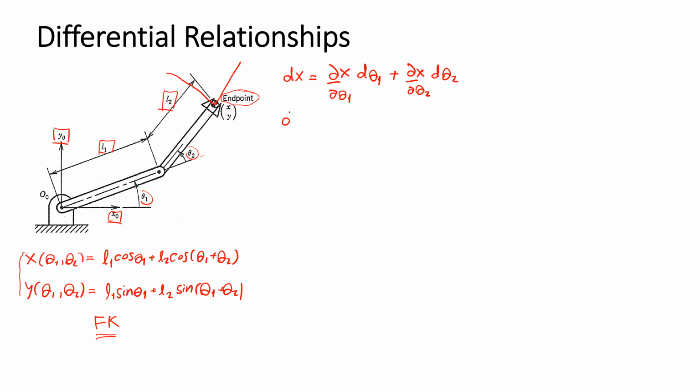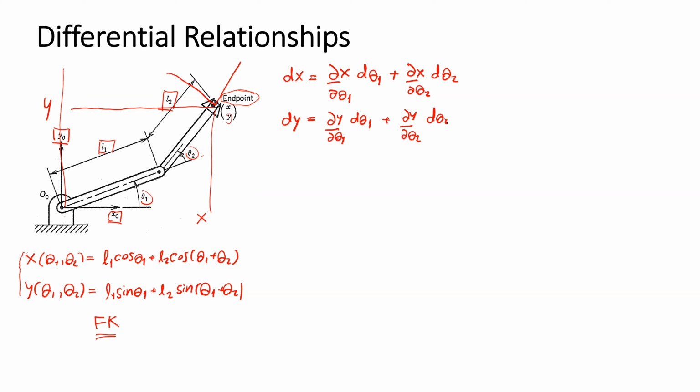And similarly, in the same way, the small position change of y is the partial y by partial θ1 dθ1 plus partial y by partial θ2 dθ2.